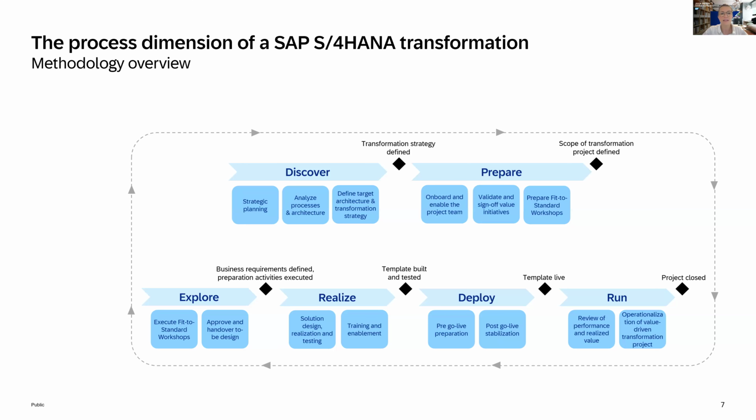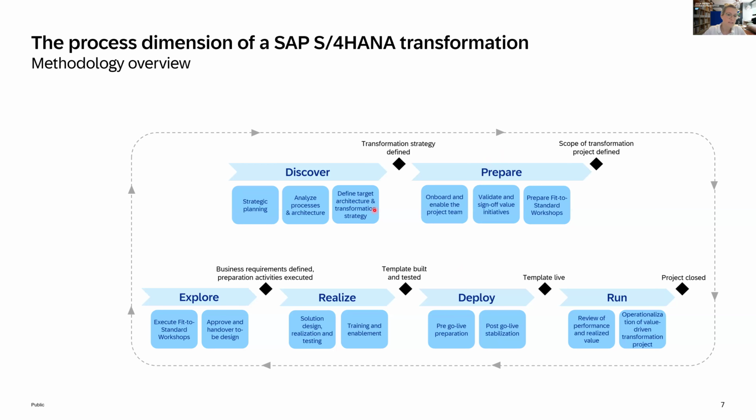In the discover phase, the aim is to get management buy-in for the transformation project and to align on the strategy on a rather high level. Then, during the prepare phase, the scope of the transformation project is defined, including process details and future target architecture, for example.